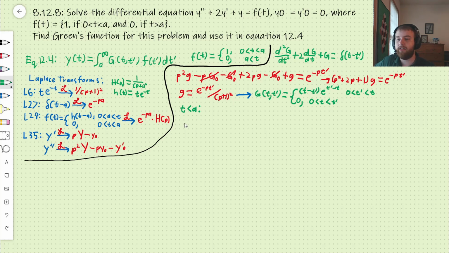So we are integrating from 0 to t of our Green's function.